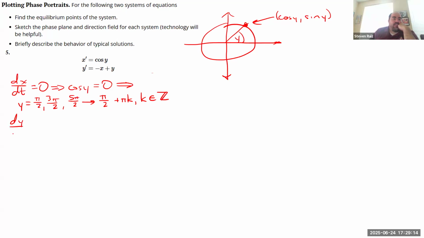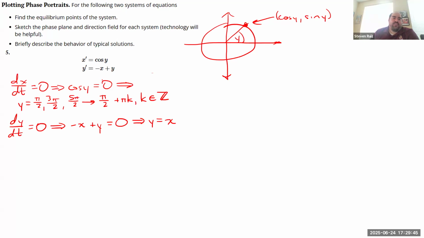What about the other null line? dy/dt equals 0. Well, that means that negative x plus y equals 0, or y equals x. So as long as y equals x, dy/dt will be equal to 0. And dx/dt will be equal to 0 as long as y.